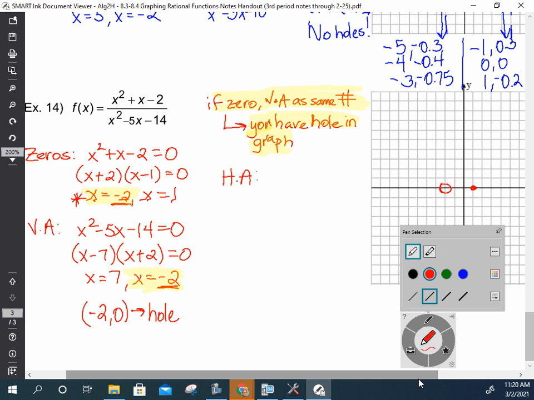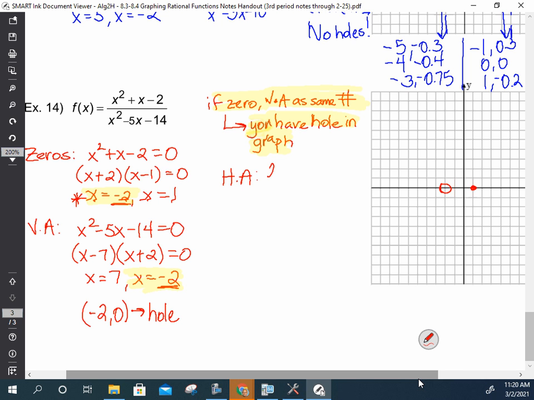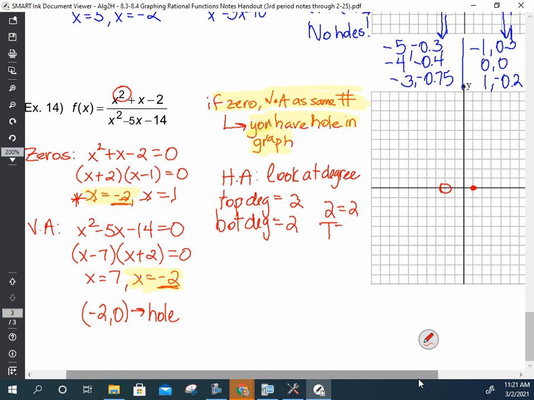Horizontal asymptote, there's nothing behind the fraction, so we look at the degree. So the top degree is equal to 2. Remember, the degree is the biggest exponent. Bottom degree is 2. So 2 equals 2. They're equal to each other.